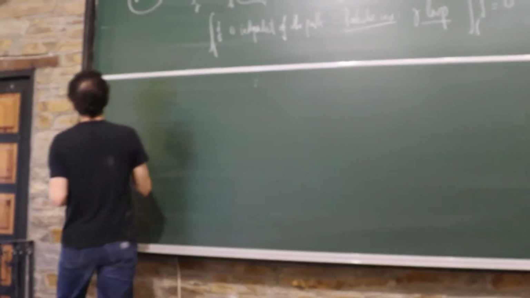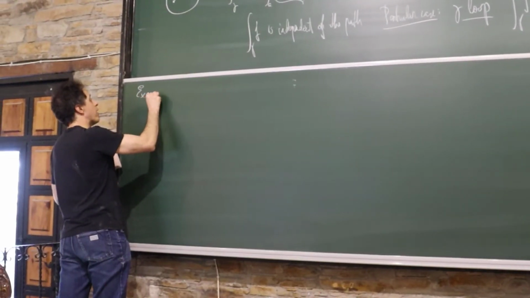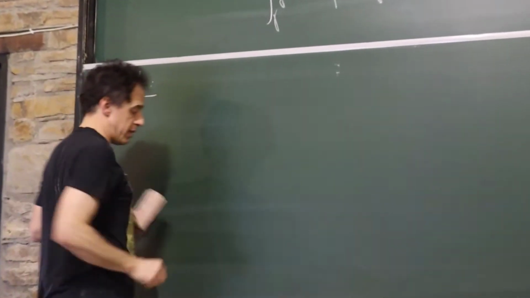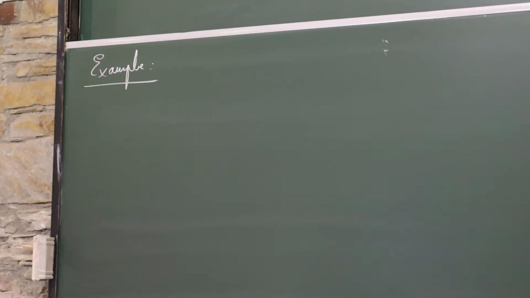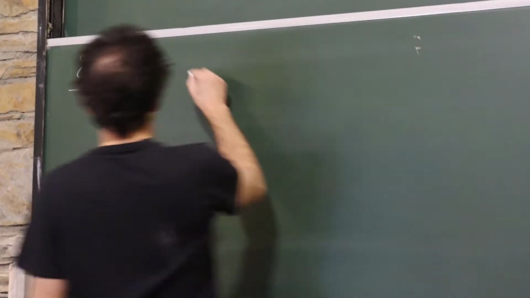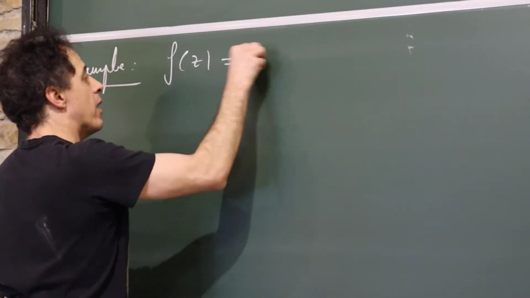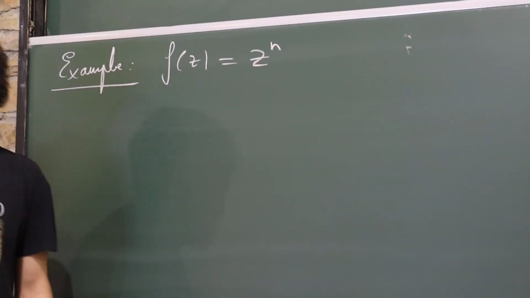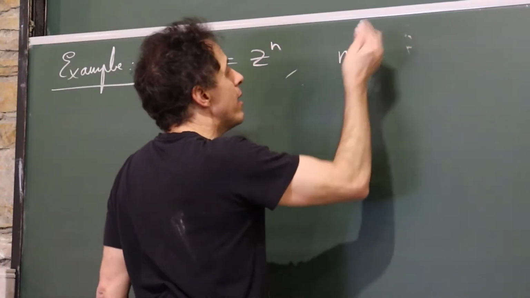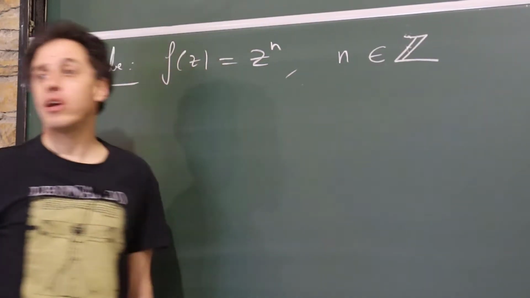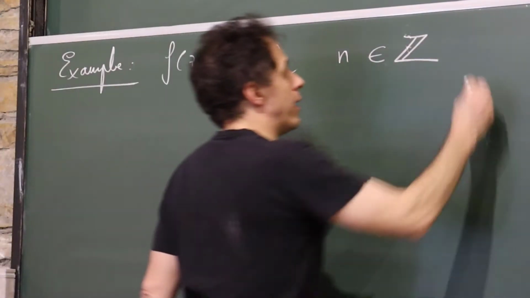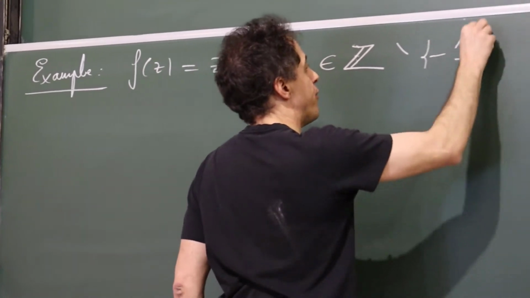So a basic example is the following. Take the function z to the n, where n in general, assume that it is any integer number except -1 for a moment.